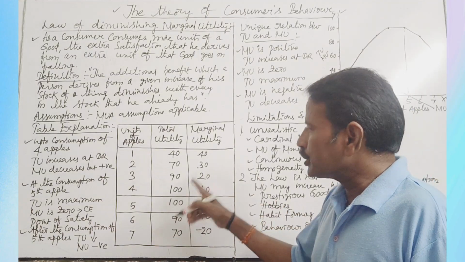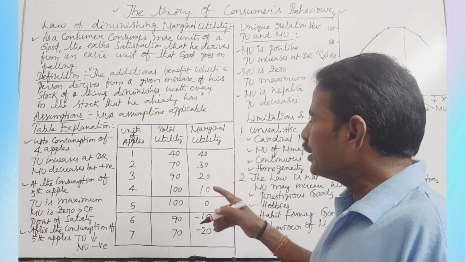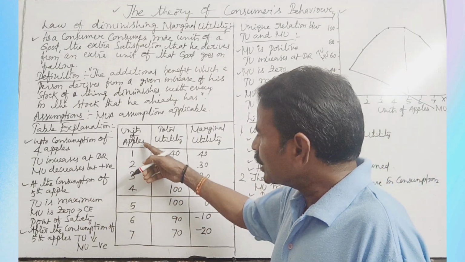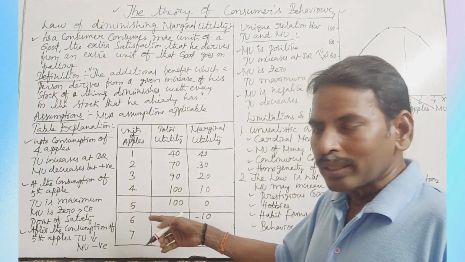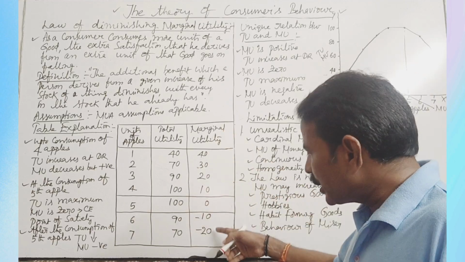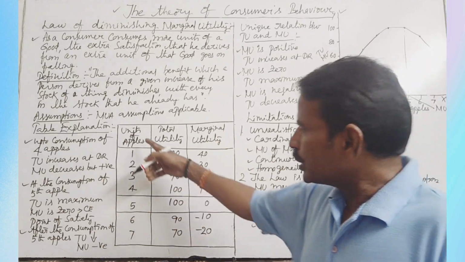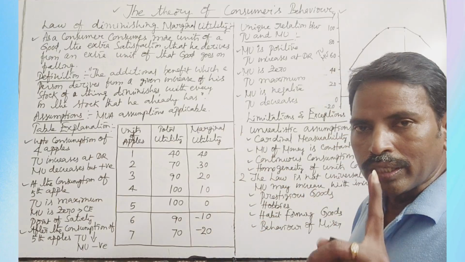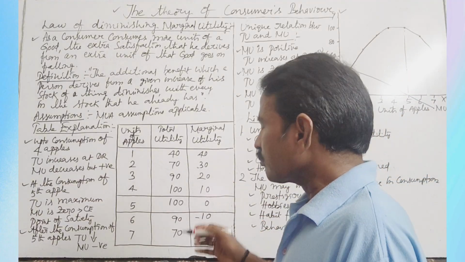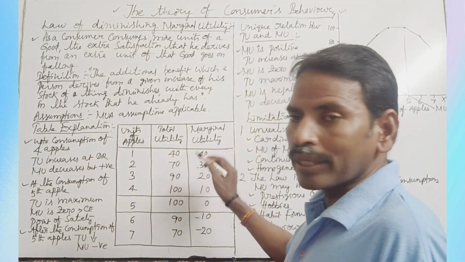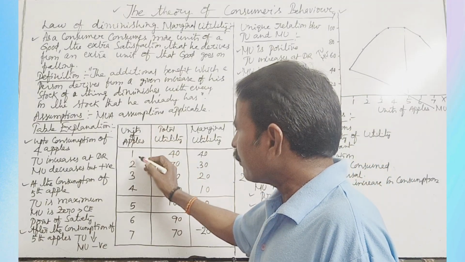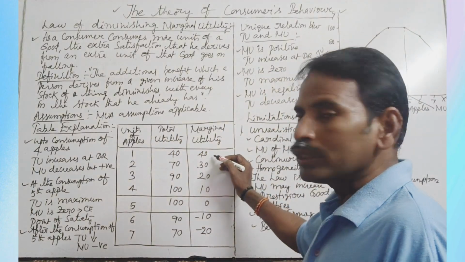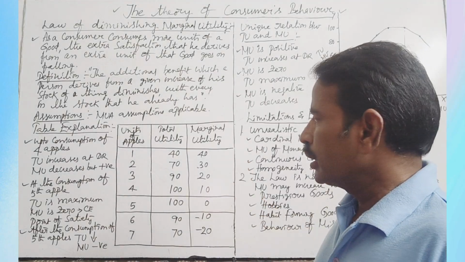If we observe this table, this theory explains that as units of a commodity increase, marginal utility of a commodity decreases. For units of apple 1, total utility is equal to 40, marginal utility is equal to 40.